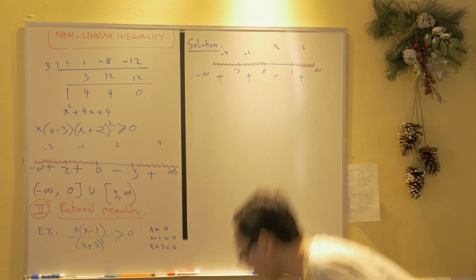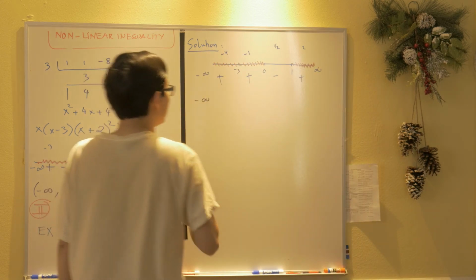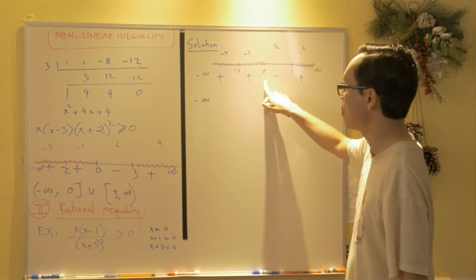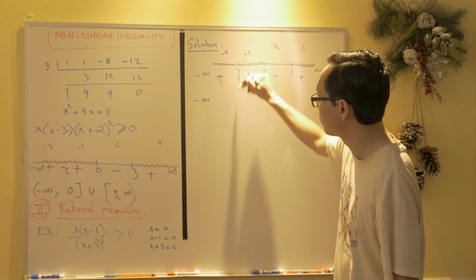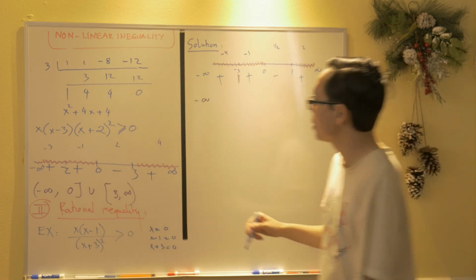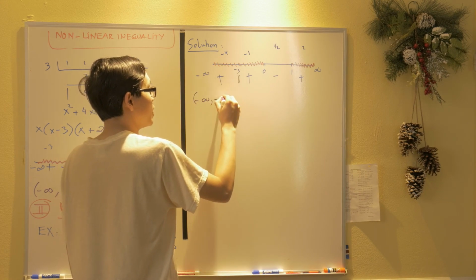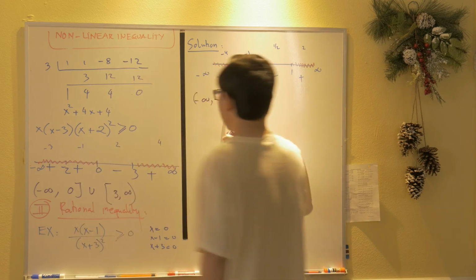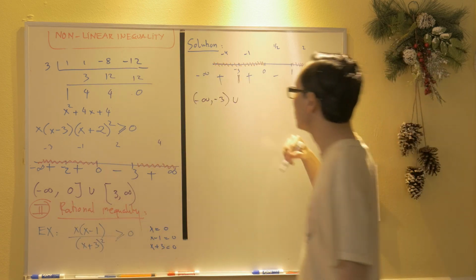So your final answer will be negative infinity. Usually negative infinity to 0 bracket, but remember, negative 3 is undefined, because negative 3 plus 3 is 0 at the denominator, so you have to split it up. So negative infinity to negative 3, union with, you see that you have to use the parenthesis at negative 3 because it's undefined there.